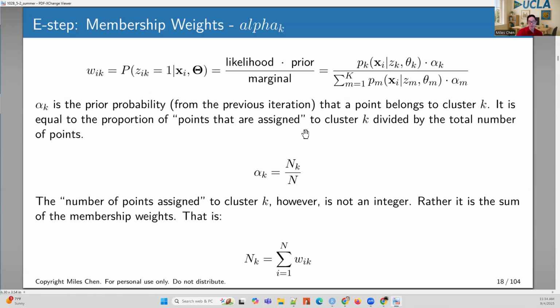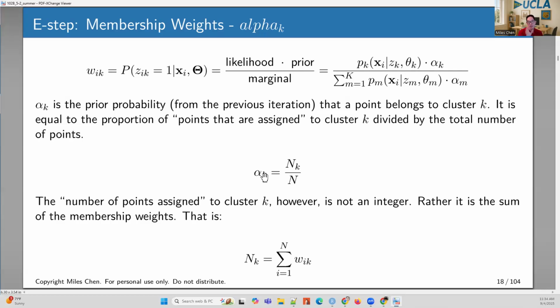So we're going to get our alpha, that is the prior probability, from our previous iteration. And that's going to be basically how many points belong to cluster K. So this will be equal to the proportion of points that are assigned to cluster K. And so we'll do the number of points in cluster 1 divided by the total number of points, or the number of points in cluster 2 or cluster B divided by the total number of points. However, this number of points isn't an integer because points are probabilistically assigned.